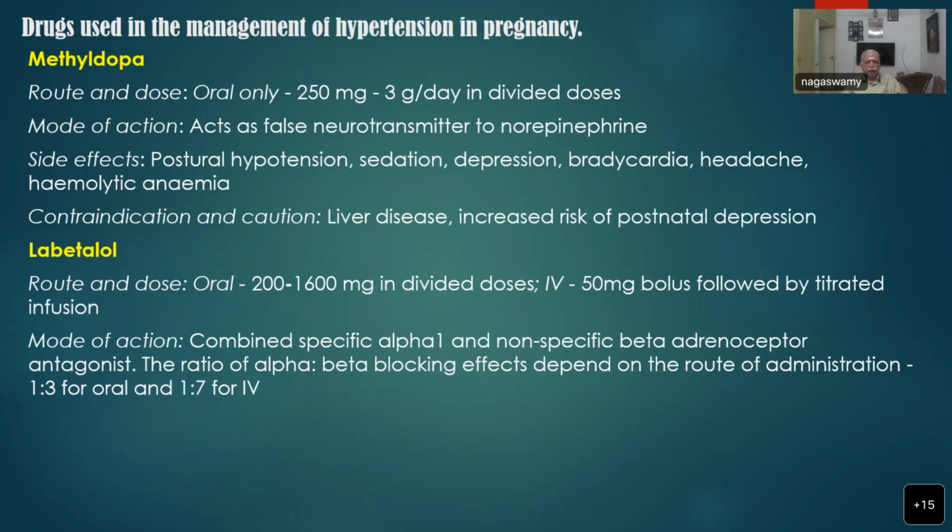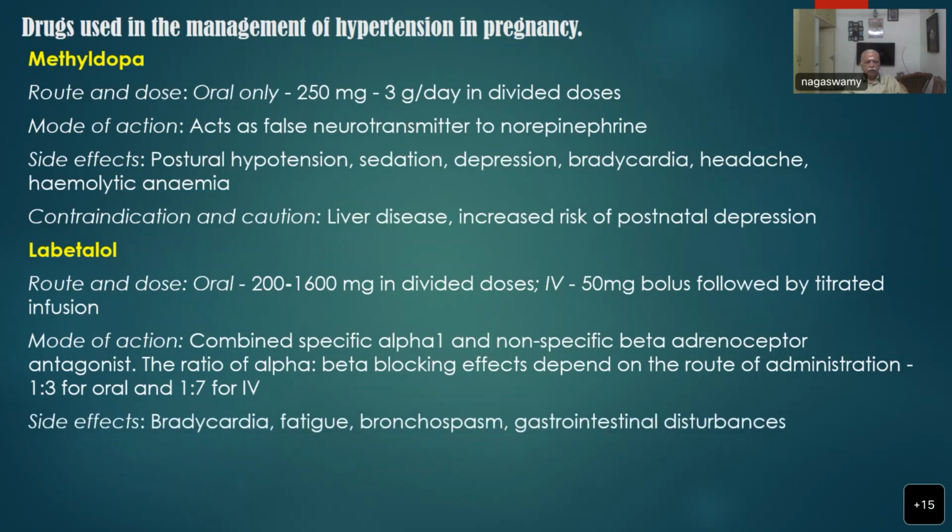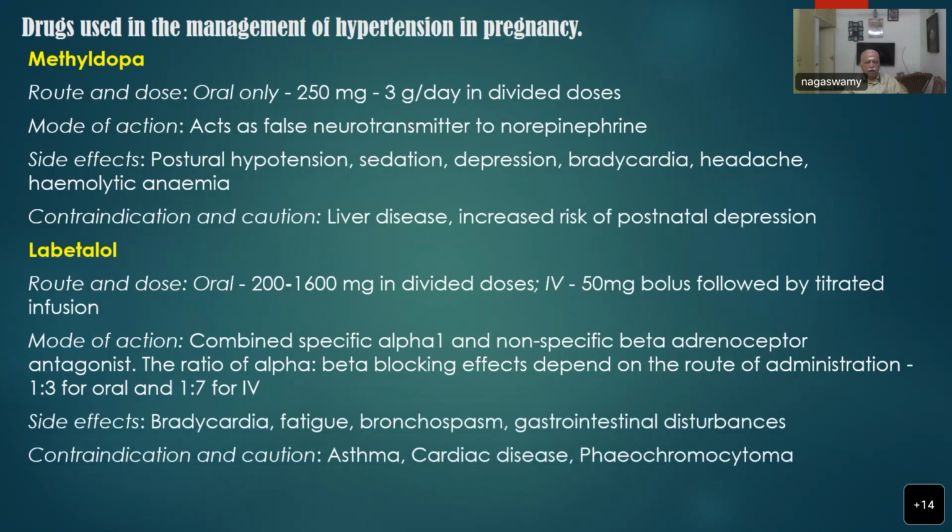Whereas in parenteral, it is more beta blocking effect, that is, reduction in the heart rate and blood pressure will be more pronounced with IV administration. So 1:7. Side effects are bradycardia, fatigue, bronchospasm, GI disturbances. It is contraindicated in asthmatic patients or patients with severe restrictive heart diseases like aortic stenosis, pheochromocytoma, and all those kinds.